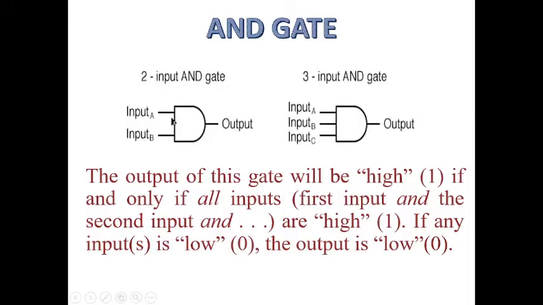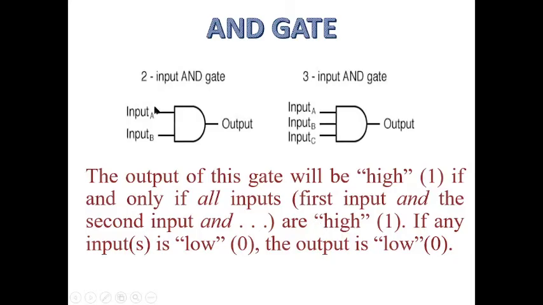The question now is, how does this gate operate? The output of this gate will be high if and only if all the inputs, the first input and the second input and any other input that it will have, are high.